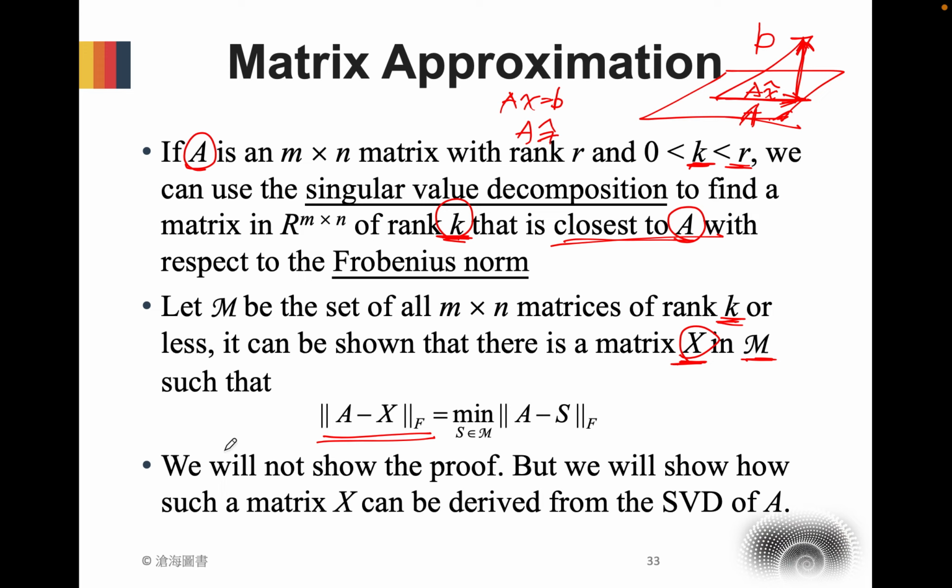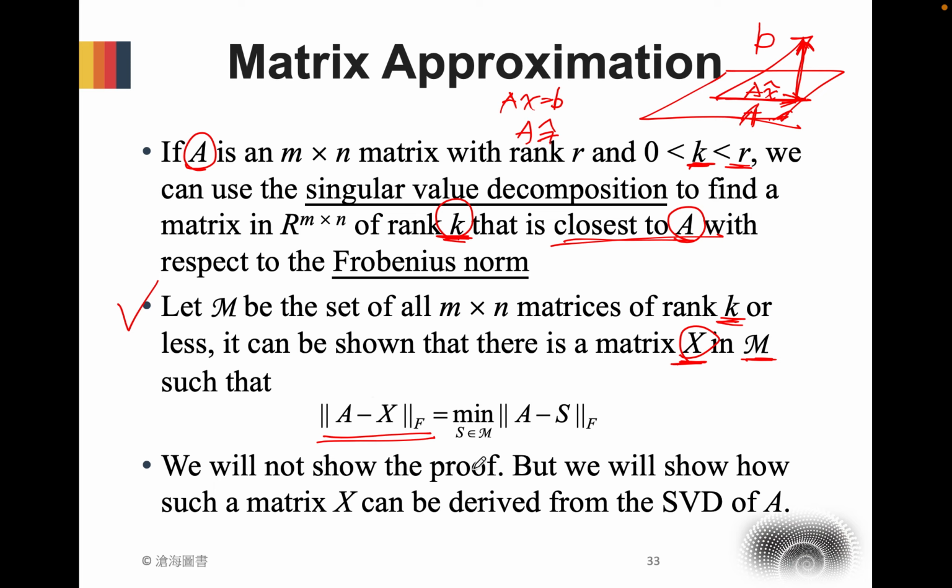Okay, but in the textbook, we will not show the proof of this property because this is beyond the scope of this book. To prove this is not an easy way.